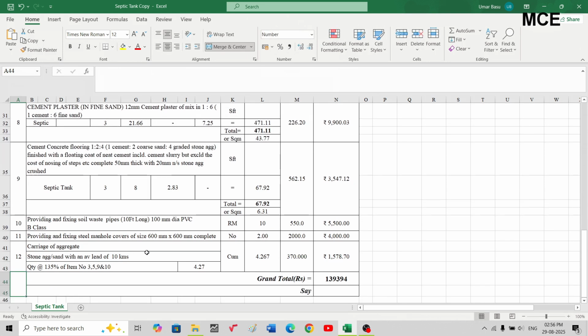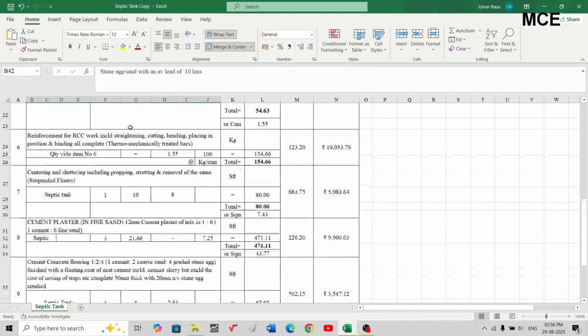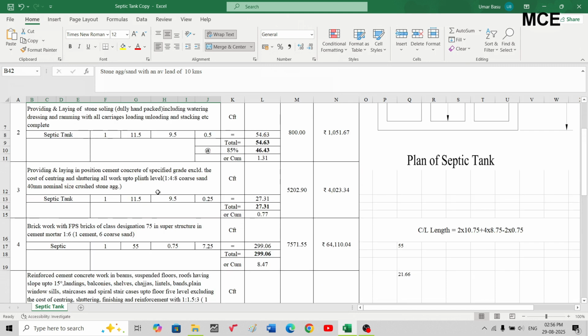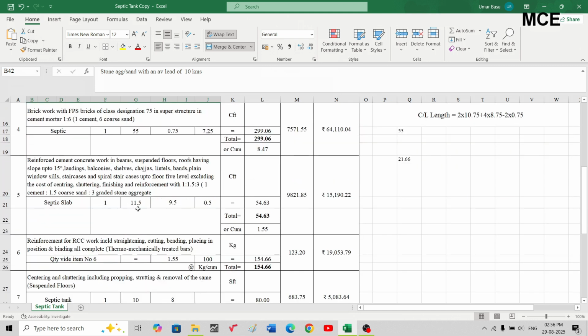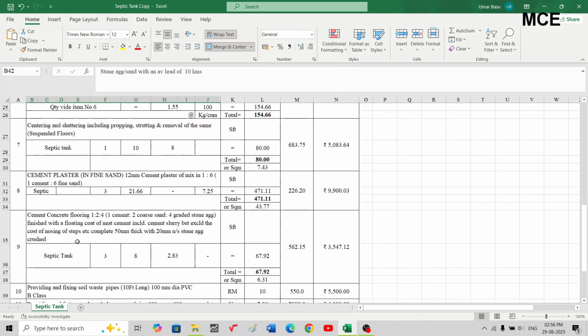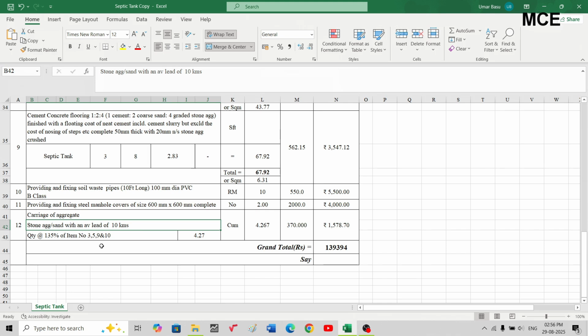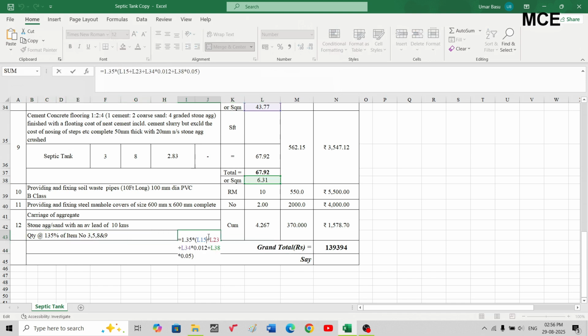Yes, so concrete is required in item 3 and item 5, and cement plaster in item 8 and item 9. So 3, 5, 8 and 9 are my items for which I have to give carriage. So I have to take 1.35 times the concrete quantity.